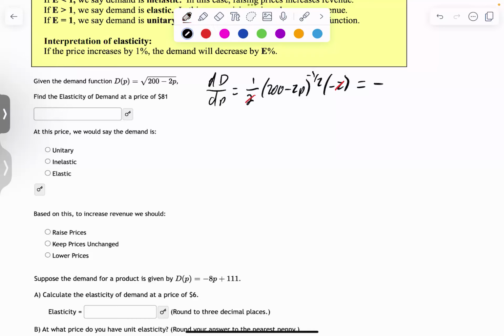This is going to give me negative 1 over the square root of 200 minus 2p. So there's my dQ, or dD in this case, over dp.